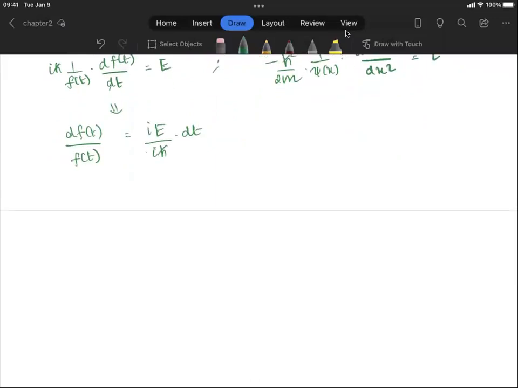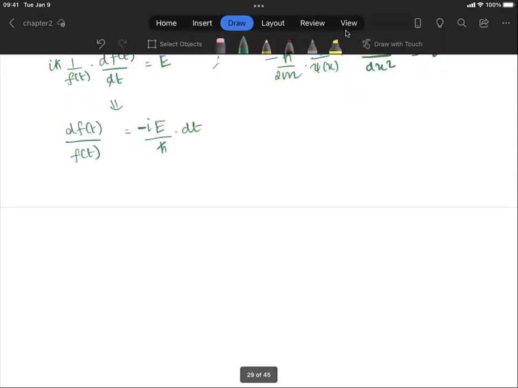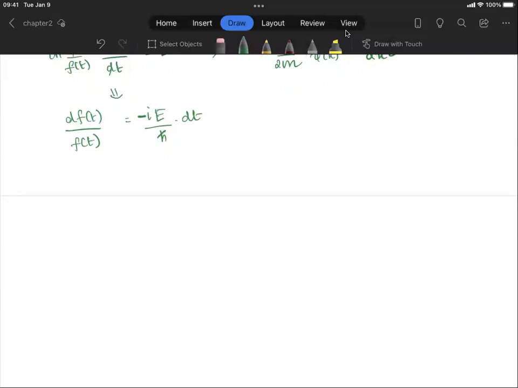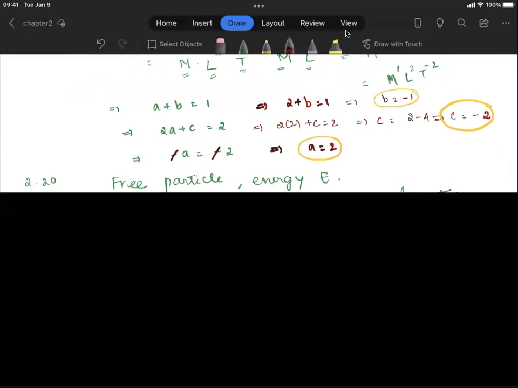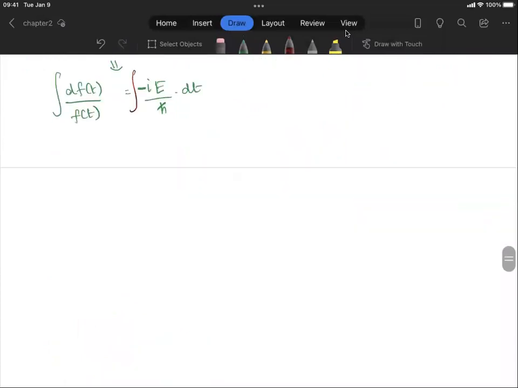I can multiply and divide by i, and i squared is equal to -1. So I can write it as -1, and bring that -1 to the numerator. So it's going to be this. Now, I'm going to integrate on both sides. I'll be integrating with respect to time here, and on the other side, I'll be integrating with respect to f of t.